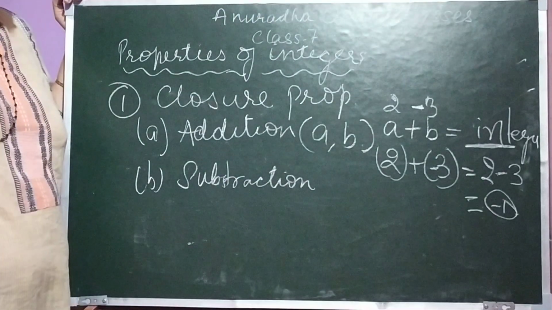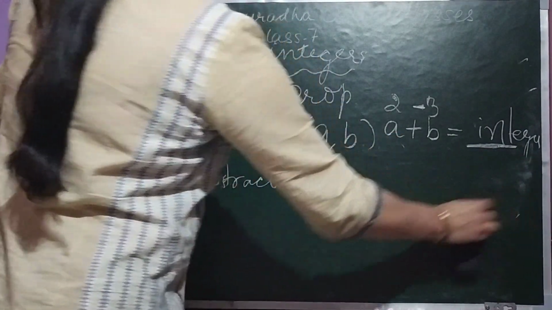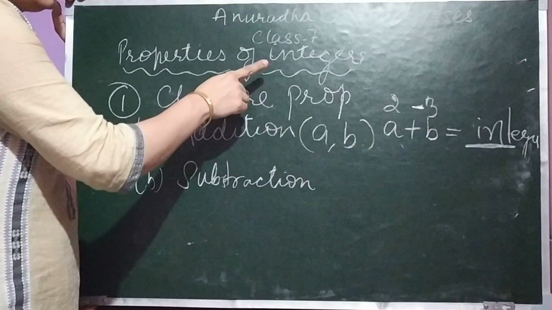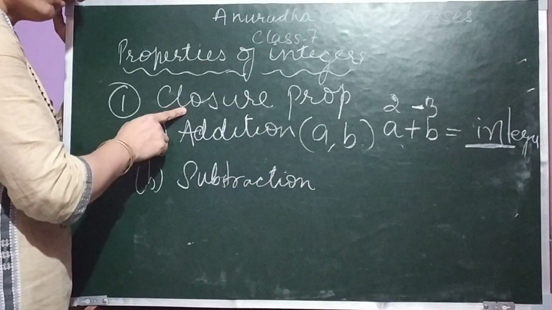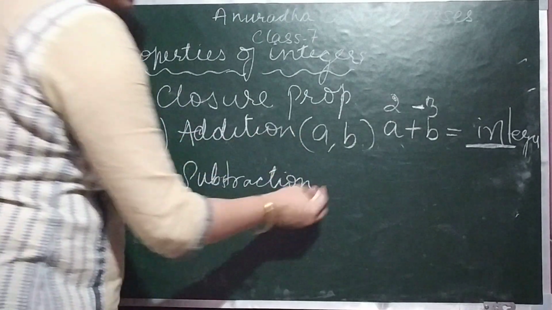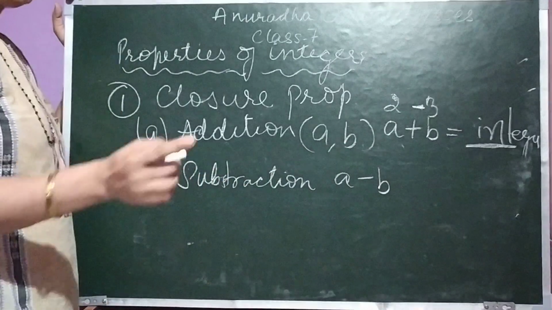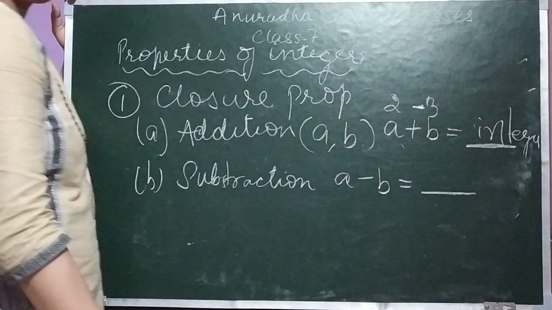Now see, if we do this with subtraction, subtraction of integers under closure property. A minus B is equal to what?